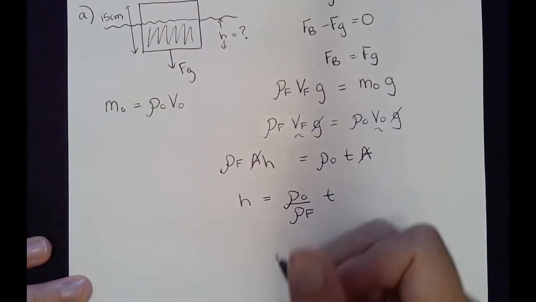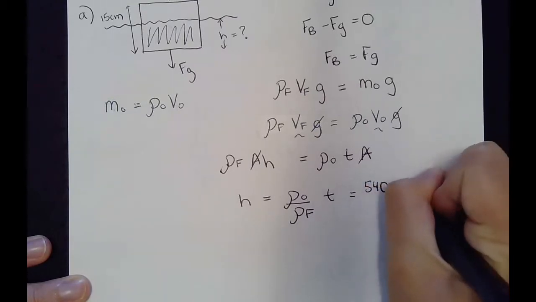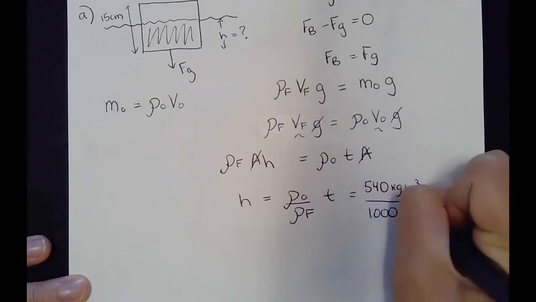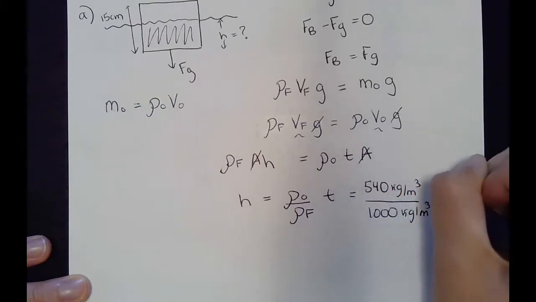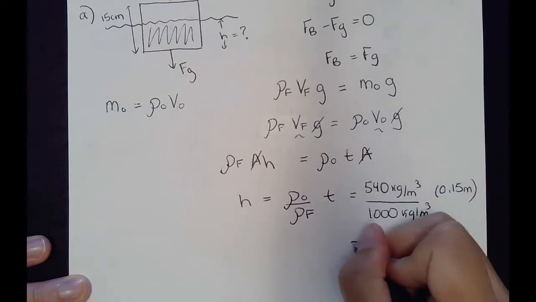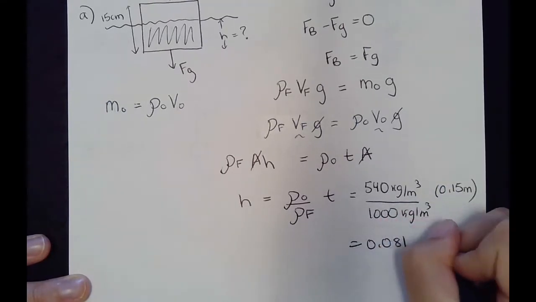So we get 540 kilograms per meter cubed over 1,000 kilograms per meter cubed times 0.15 meters, which is 0.081 meters.